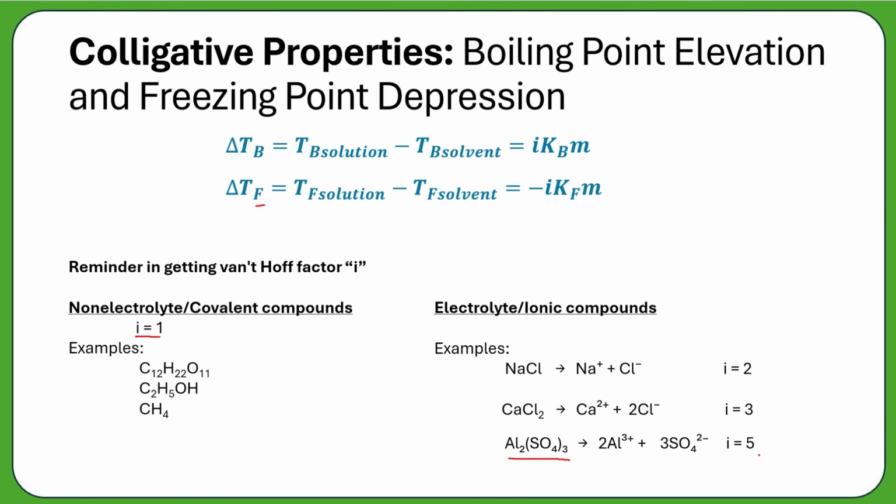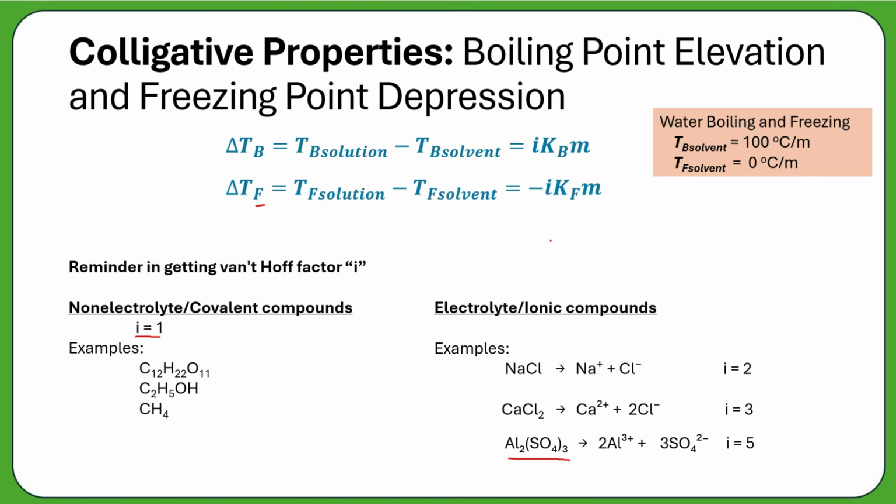So I hope that is not confusing for you. Okay, now we're done with the i's. How about the K? Those are constants. Now keep in mind, if we're talking about water, water has a boiling point and a freezing point that we already know. If we know the solvent in the problem, these two will already be answered if it is water.